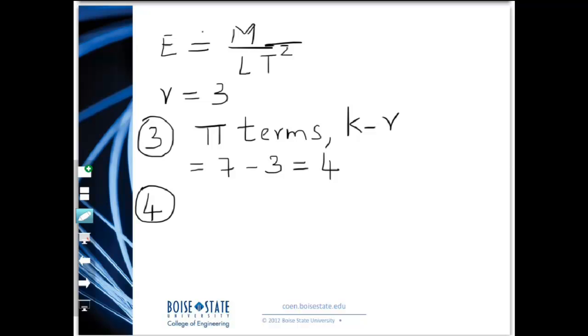Also make sure the chosen repeating variables do not form a dimensionless product among themselves, and that we don't pick a dimensionless parameter. And we should try to pick parameters that contain dimensions not including others, which kind of makes sense.